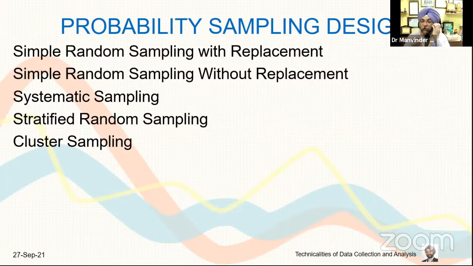In cluster sampling, the sampling out of the clusters is done on a random basis.